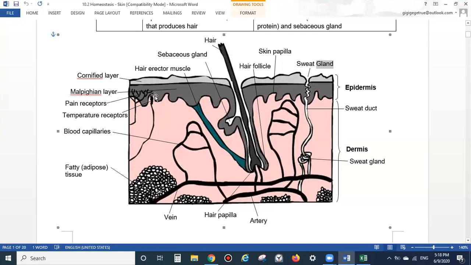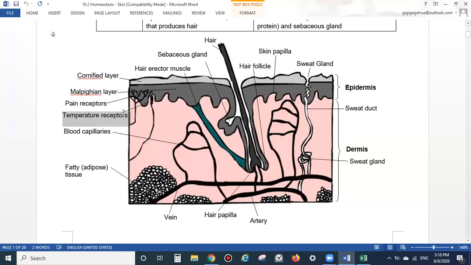And the one that is circular is your pressure receptor, also known as your pain receptor. I want you to change this. This is not pain receptor. This is the temperature receptor. And then this one is your pain receptor. It's the other way around. Okay?